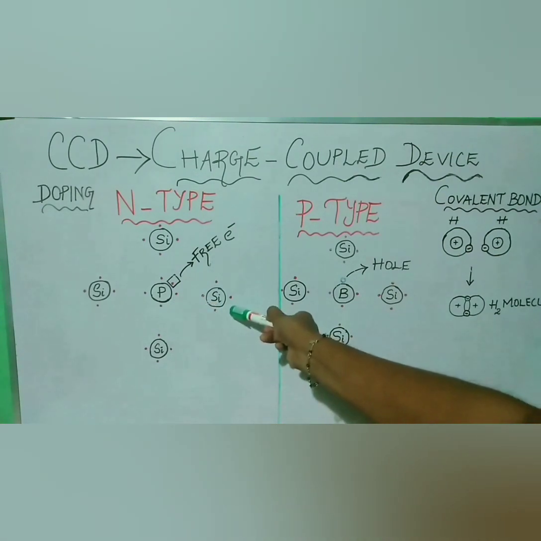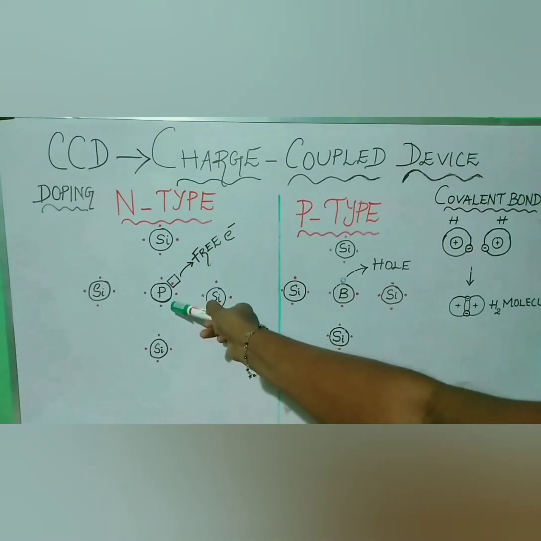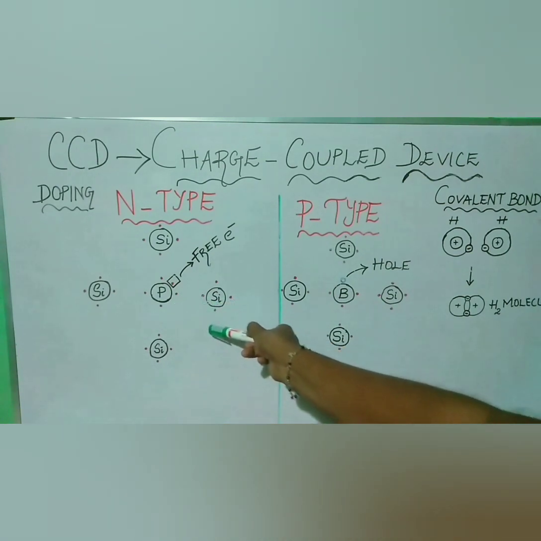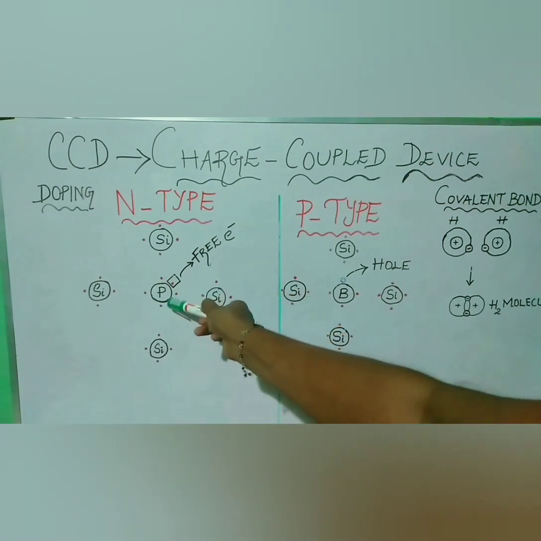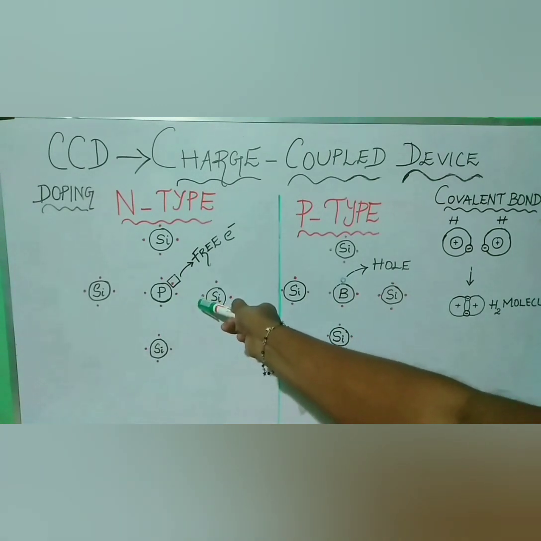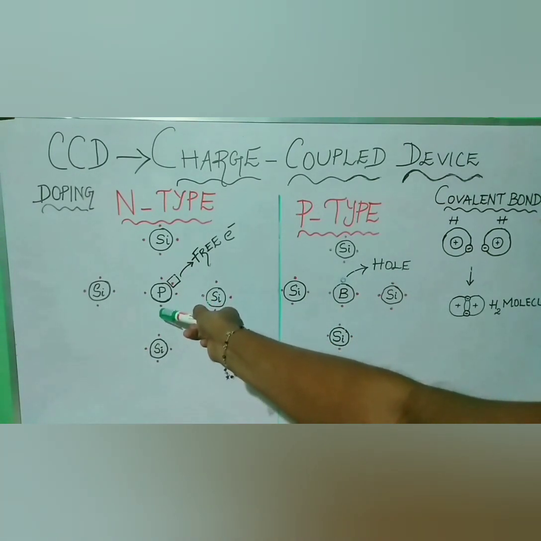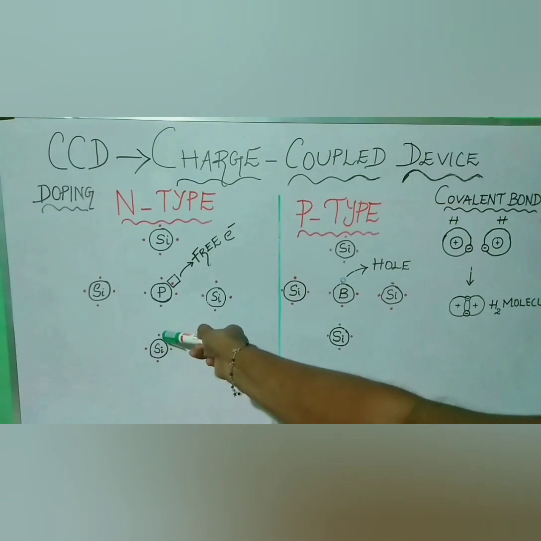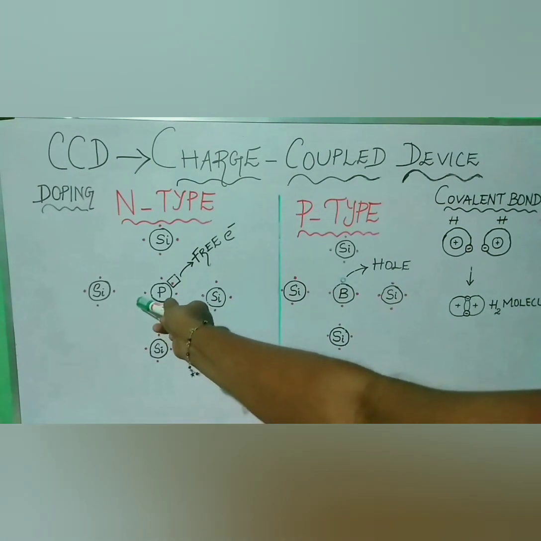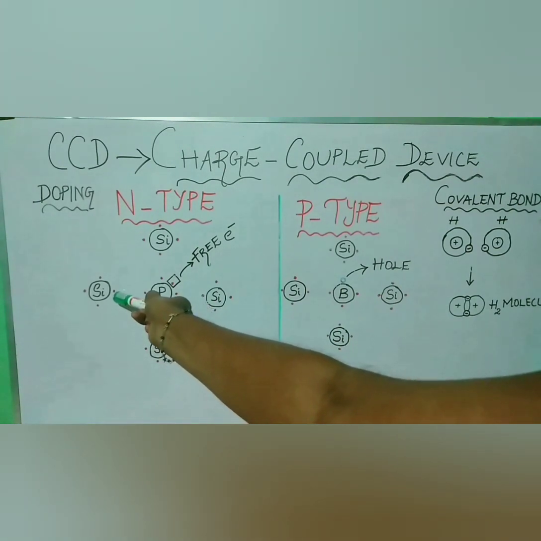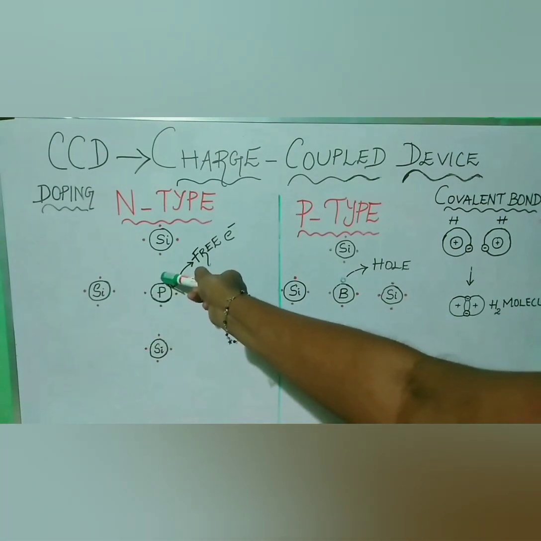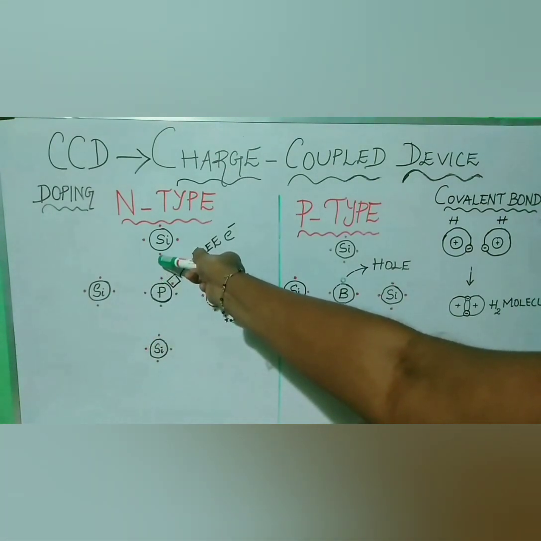When it is added to pure silicon atom, 4 out of 5 valence electrons can form covalent bond with the adjacent silicon atom. Okay, so this can form covalent bond with this valence electron, and this valence electron can form covalent bond with this valence electron. This can form covalent bond with this valence electron, and this can form covalent bond with this valence electron.